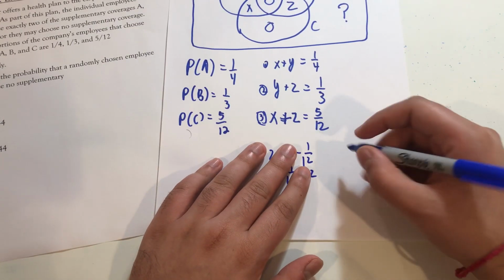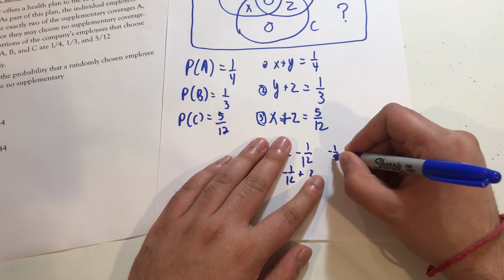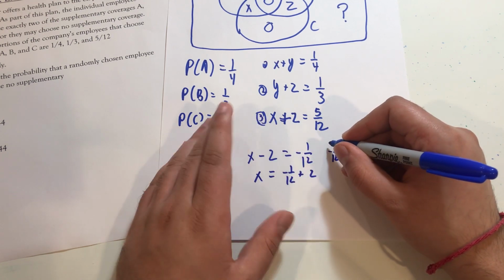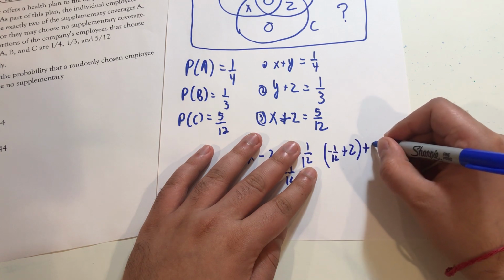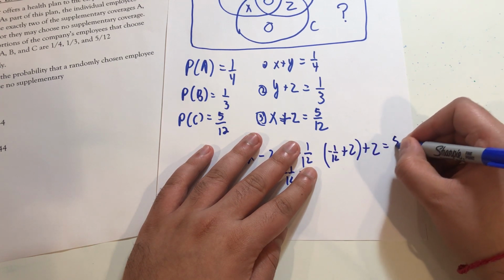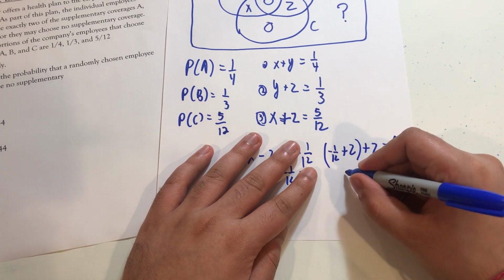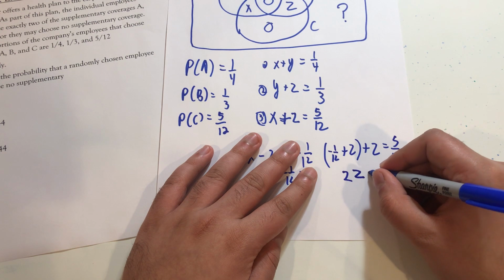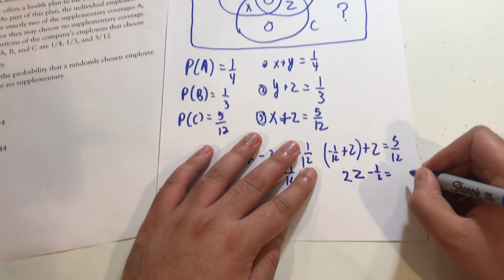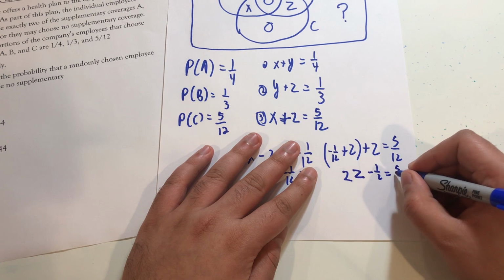So here I have negative 1/12 plus z plus z equals 5/12. Opening up the parentheses, 2z minus 1/12 equals 5/12.